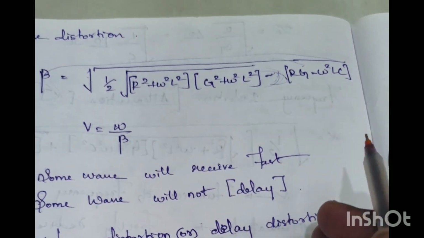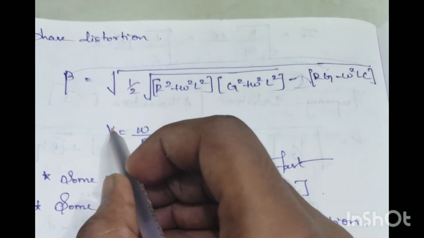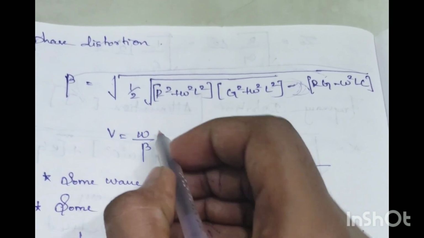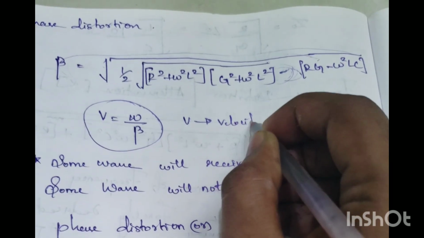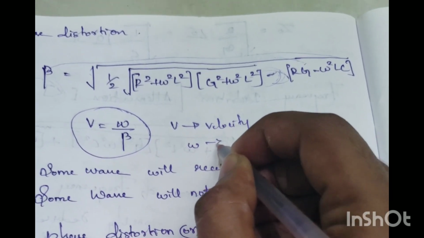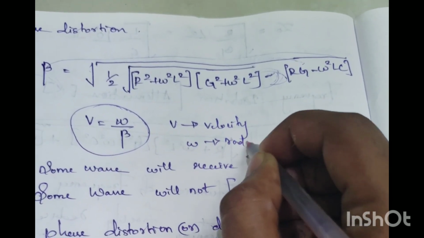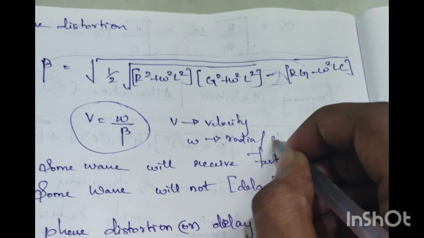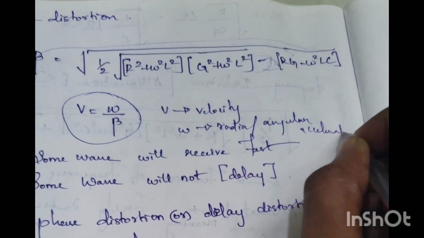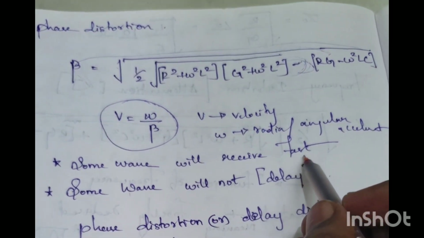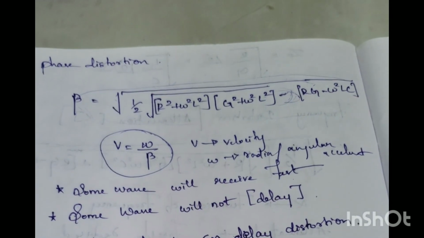That is a simple concept to observe. And v equals omega divided by beta, where v is velocity and omega is angular velocity. Some waves will be received fast, some will be delayed.